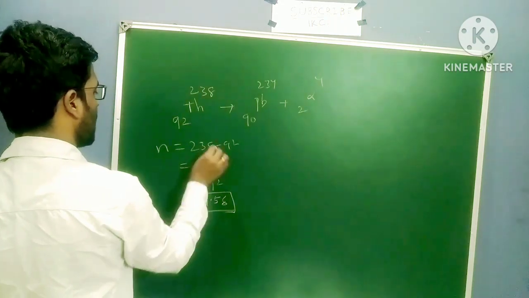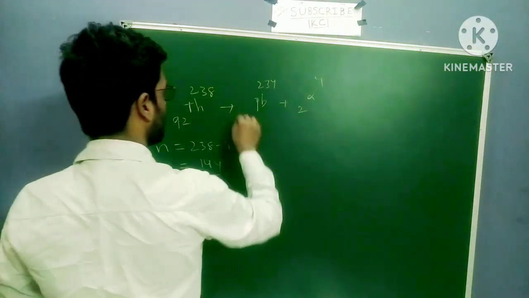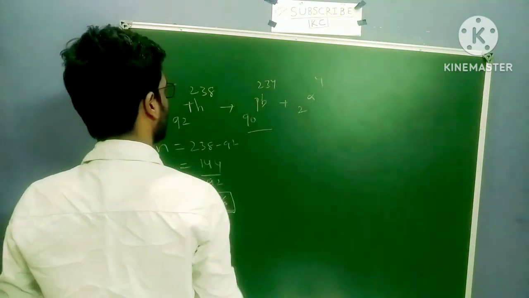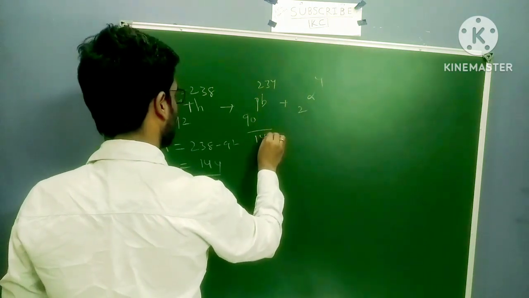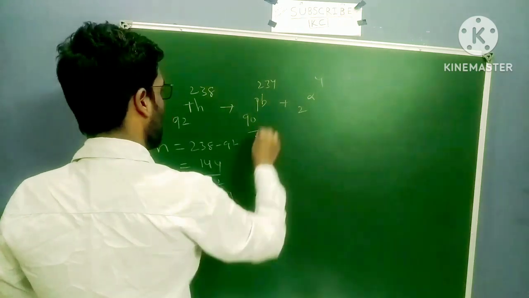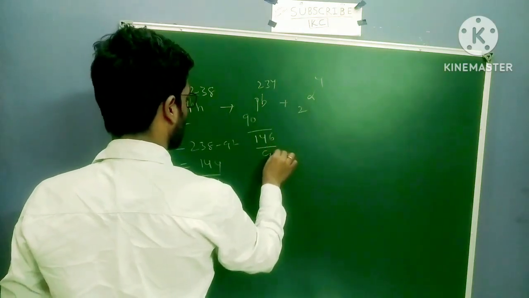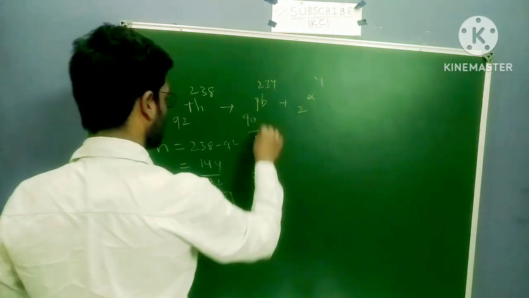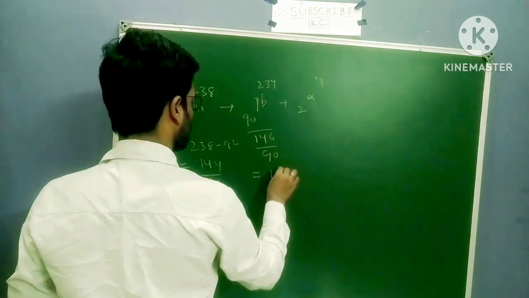Now for the product, 234 minus 90 gives 144 neutrons, and by 90 protons, the N by P ratio is approximately 1.6.